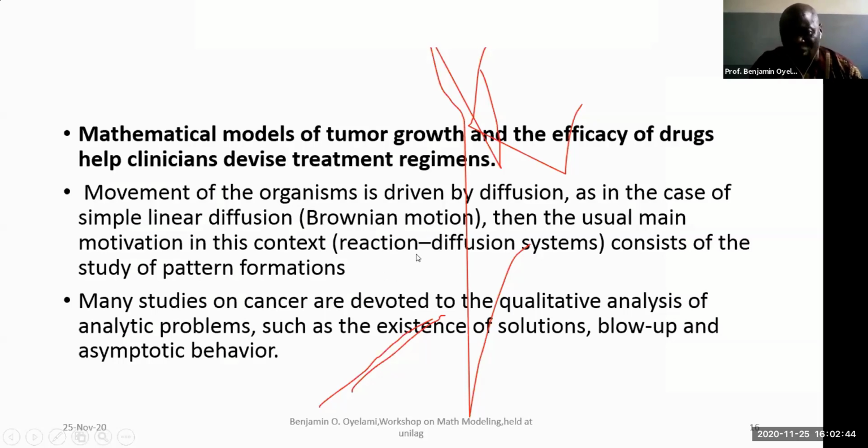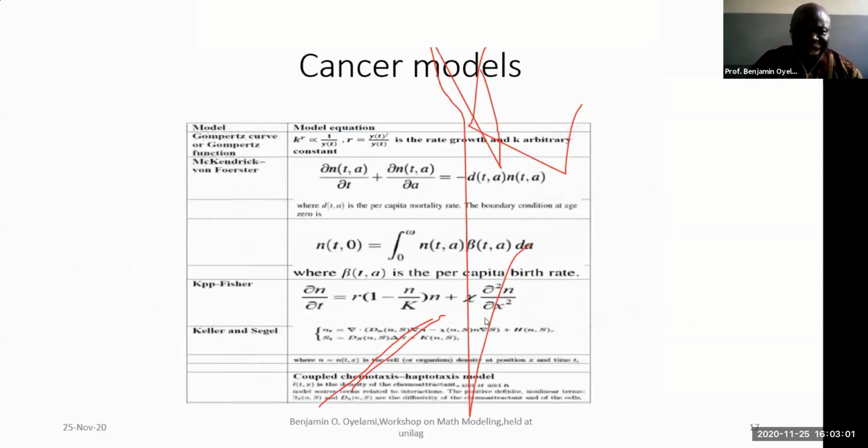So I'm encouraging most of our students that they should work on cancer using PDE, not only ODE, to explore those areas. And then other things are the use of quantitative and qualitative analysis. Now, let us look at some models.